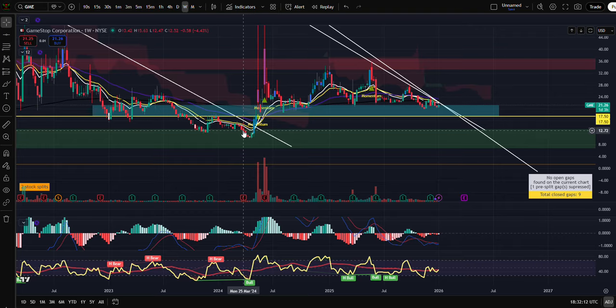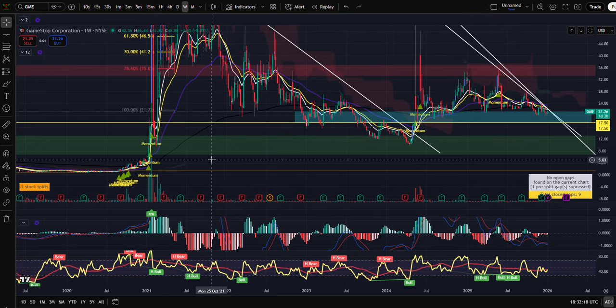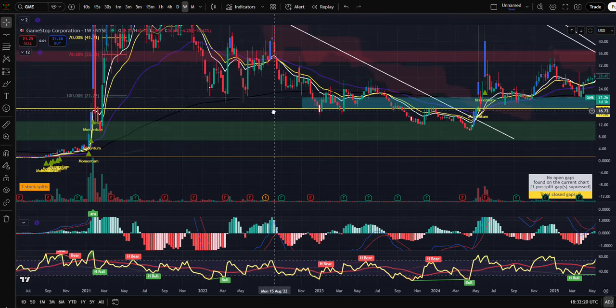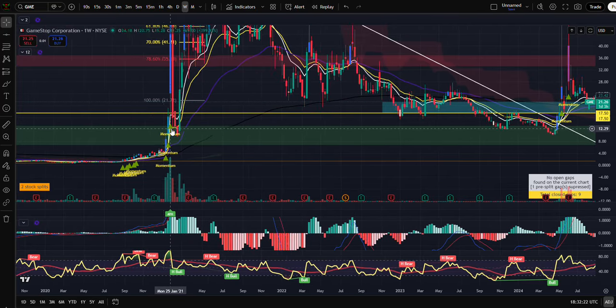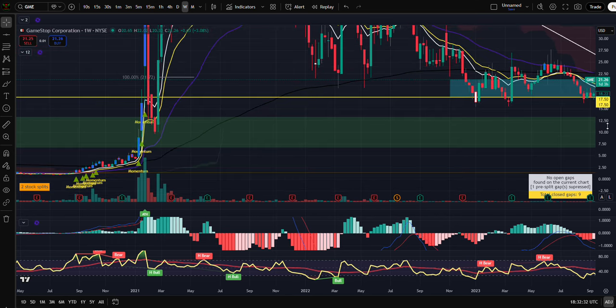What makes me believe that even more is it's not only done that once, but of course, how can we forget GameStop's mega squeeze. Back in its January 21 squeeze, we can see that below this liquidity zone, GameStop didn't really nudge.